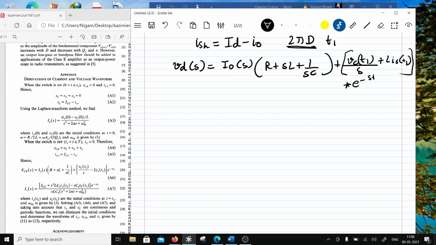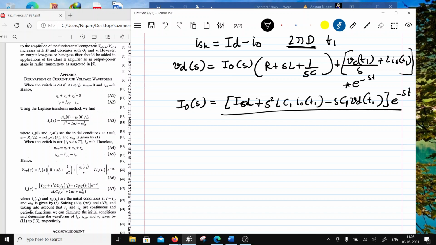This will result in another equation for the current, which is equal to ID plus S square LC1 I0(T1), the initial condition, minus S times C1 VD(T1), that's the initial condition on the drain voltage, e raised to minus sT1, divided by SLC1 times S square plus twice alpha S plus omega 1 square, where omega 1 basically will be equal to 2π f1.